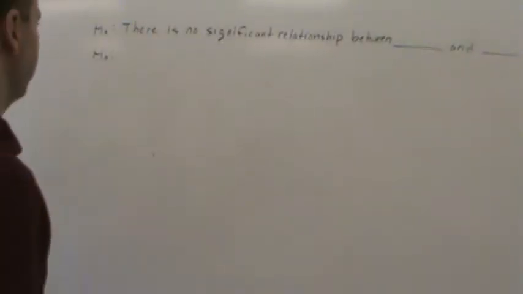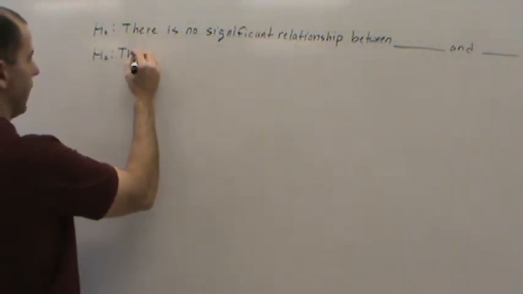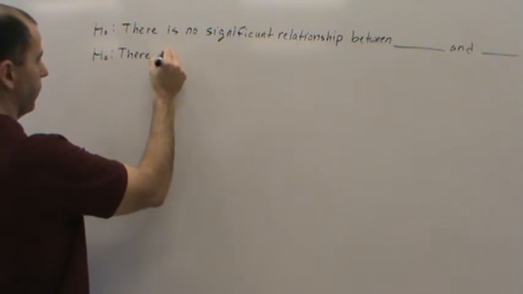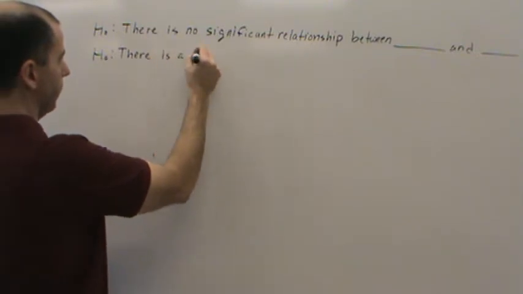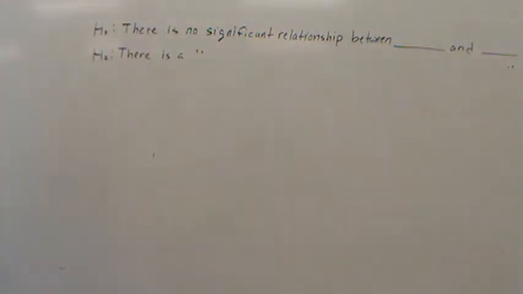And then of course the alternative hypothesis is going to be that there is a significant relationship, and then just the same thing. This is one of those hypotheses where you just have to write it all out, and we really can't get around that.